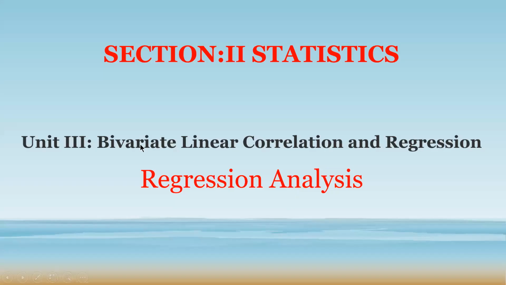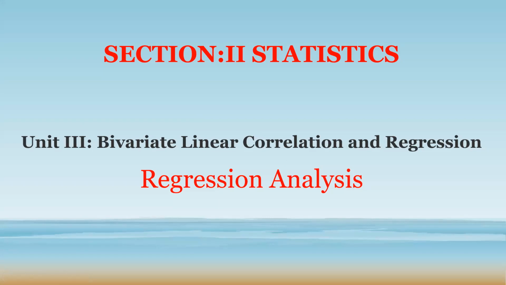This is part of Unit 3, that is bivariate linear correlation and regression of Section 2 statistics. In my last lectures, we have completed correlation for bivariate data. Bivariate means two variables are given.